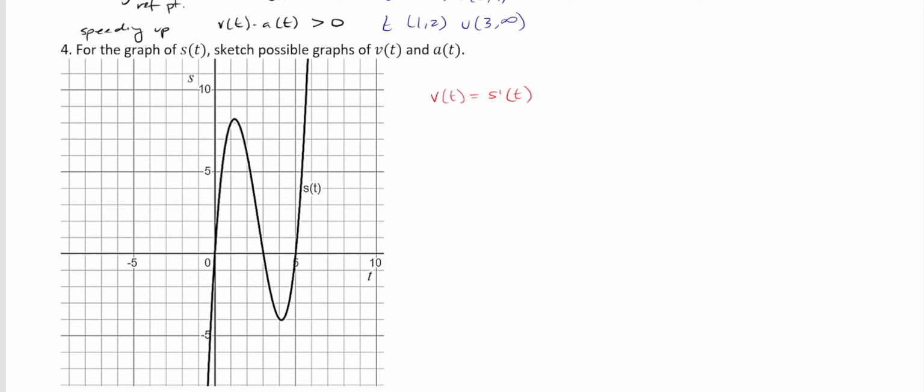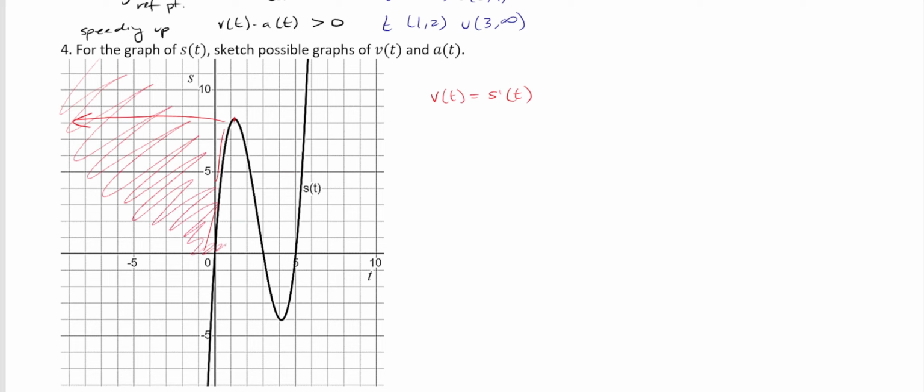So if I look from here to here, from negative infinity to that turning point right there, my v(t) function has to be a positive number because the slope is positive. Okay, so from negative infinity onward to this turning point, it's going to be a positive number.